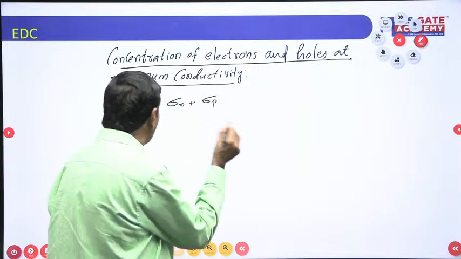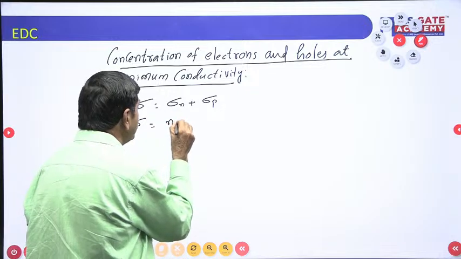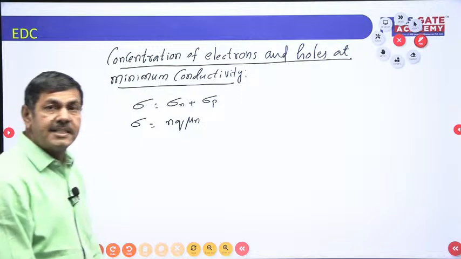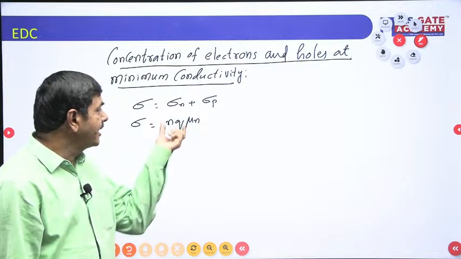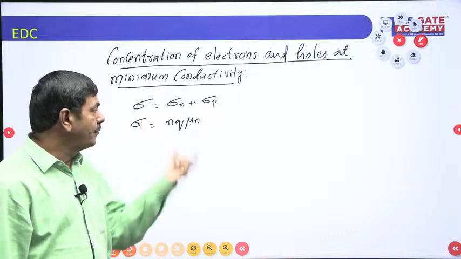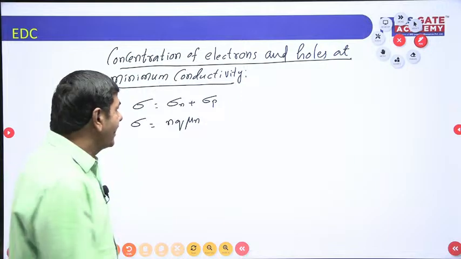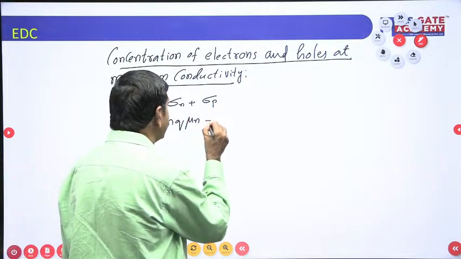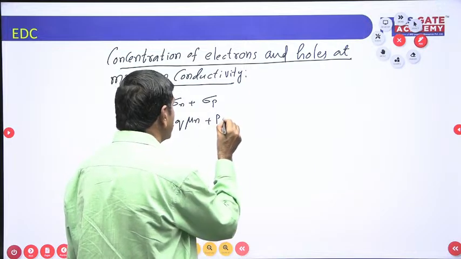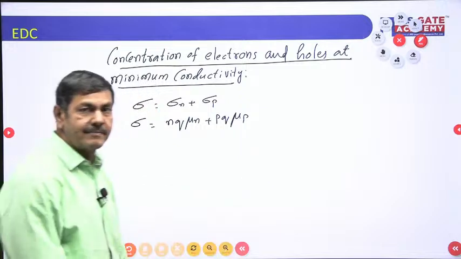Conductivity due to electrons, as I did in the last class, is n into q into mu n. Charge density into mobility is the conductivity. Charge density is n into q, and mu n is the mobility. Conductivity due to holes is, in place of n, P, the concentration of holes, into q into mu p.